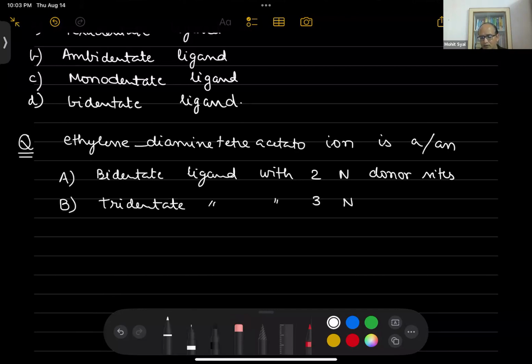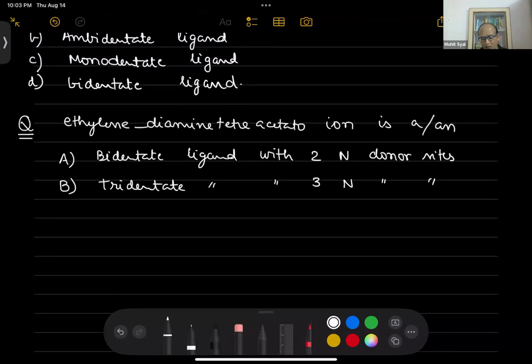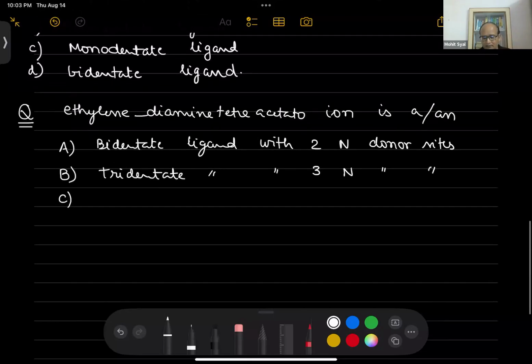Three nitrogen donor sites. Okay. But here the options are very simple and you can clearly make them out. Okay, so I'm going to change the options which were originally given in NEET. Okay. A little bit difficult, I'm going to make it.